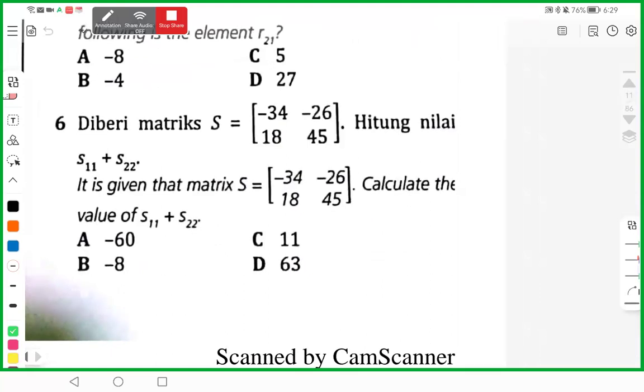Given matrix S, we have 4 elements there. Calculate the value of S11 plus S22. Simple question. So what's the answer? You can just key it into the calculator and find the answer.